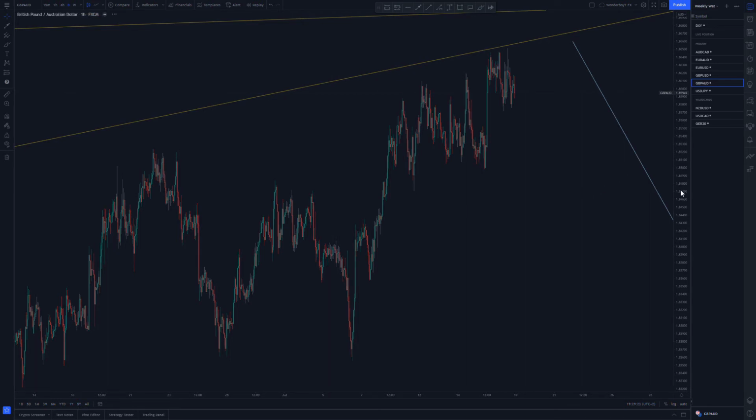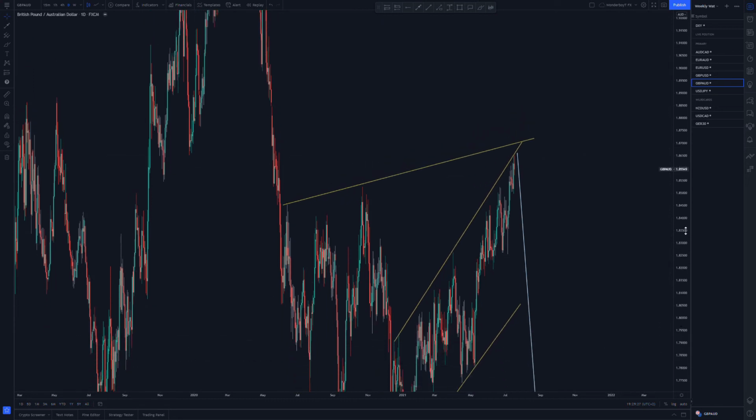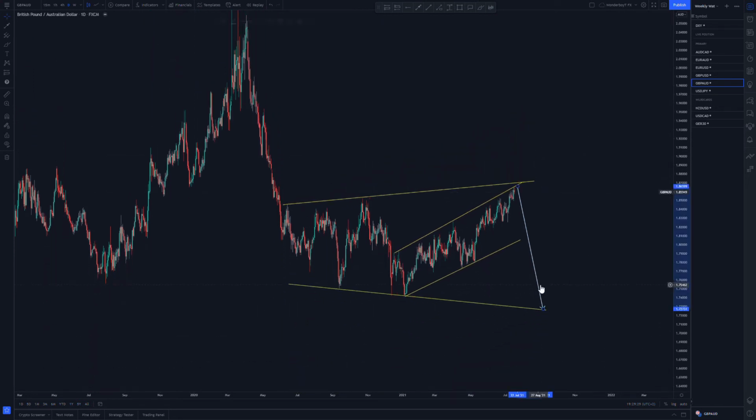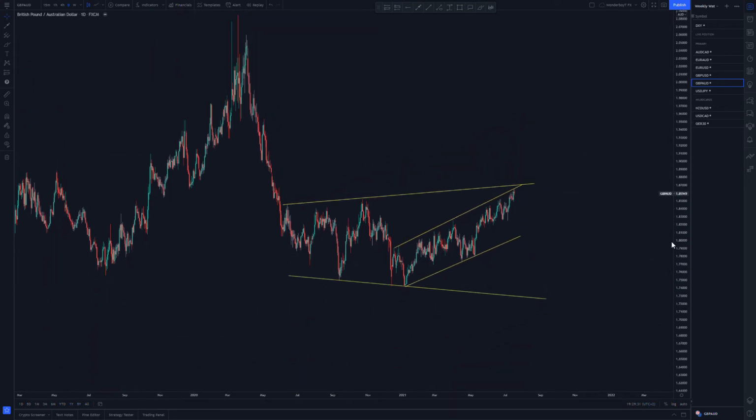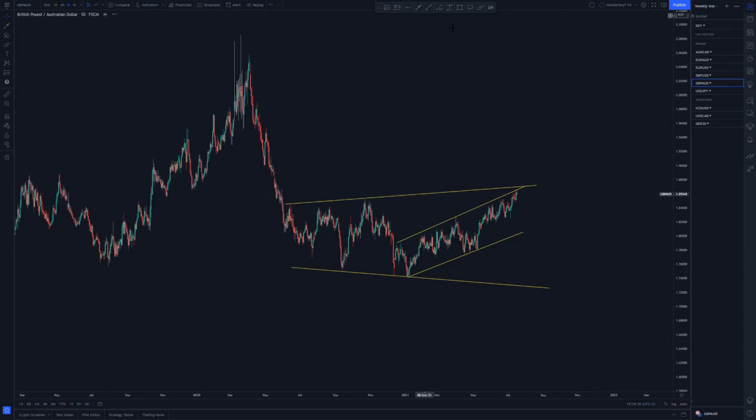And the next one is British pound vs Australian dollar. As you can see here, we have a nice clear structure from the higher time frame. So I'll be looking to see if we will be getting some opportunities to take it to these areas, maybe targeting these lows or these lows here.